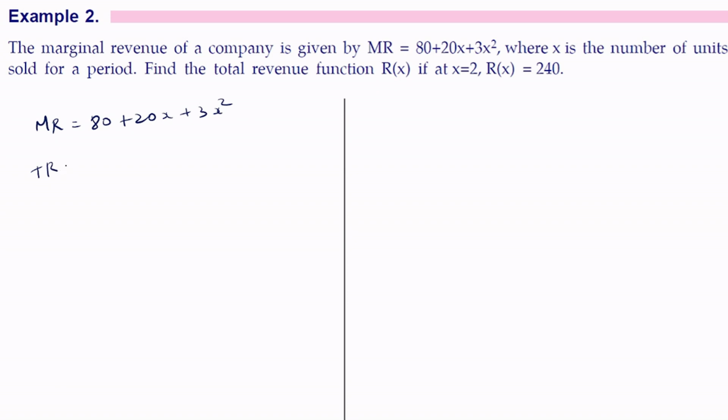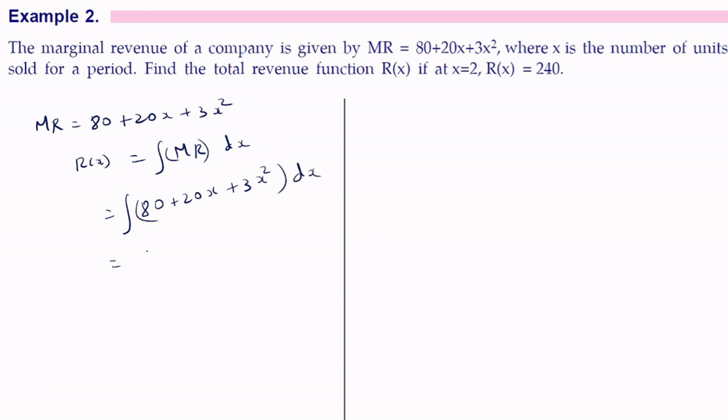So total revenue function r of x equal to integral marginal revenue function dx. So it is integral 80 plus 20x plus 3x square dx.